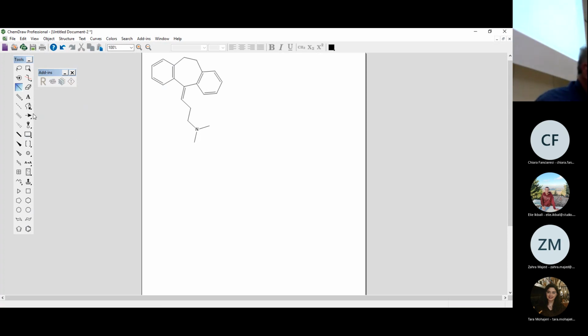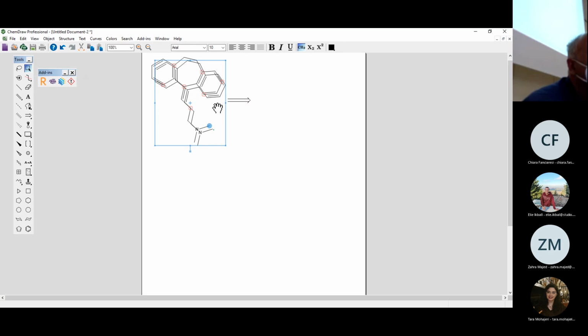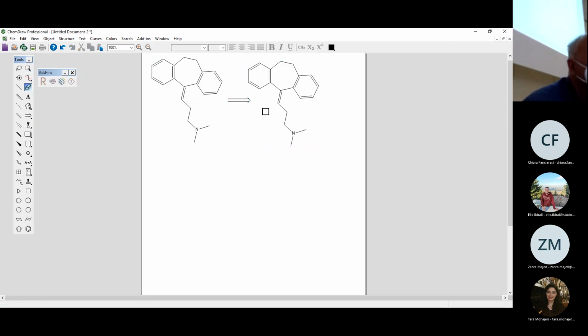If you want, we can apply the retrosynthetic approach once again. So we can open the structure at this point. And to form this complete aliphatic system, we can start from a ketone.